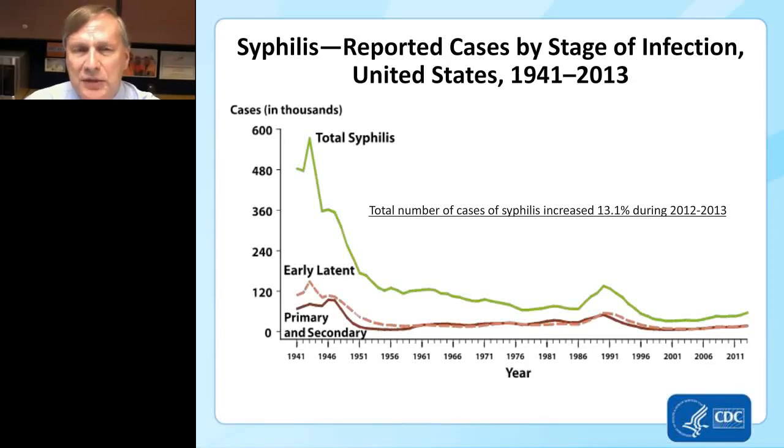If we look at the slide from the CDC, we can look at syphilis and get a little bit of a history of syphilis and the reported cases by stage of infection. The total number of syphilis cases, you can see on the far left part of this slide, have gone down significantly from the 40s and 50s. Part of that was the advent of penicillin, certainly, and it was also the advent of extremely aggressive public health programs.